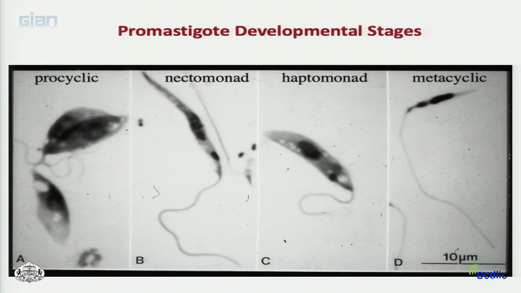But structurally, it's so interesting, your question, how these structural changes in the cell body and in the length of the flagellum are regulated, how that occurs. No one has studied that.